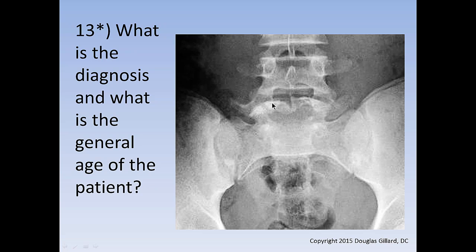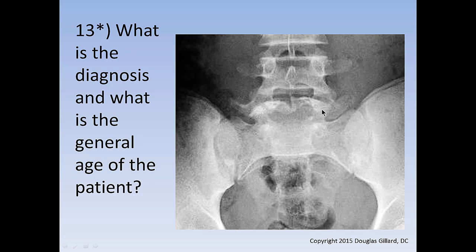All right, what's going on here? Good, we have reactive sclerosis. Reactive sclerosis, you can even see a line of lucency through here. See, it's not as white, so that's a spondylolysis. Without the lateral, we can't tell if there's a slip or not.